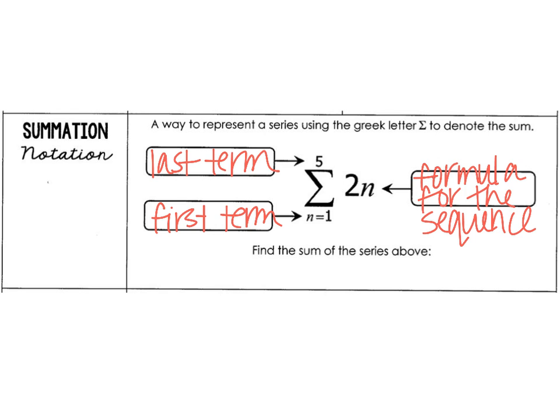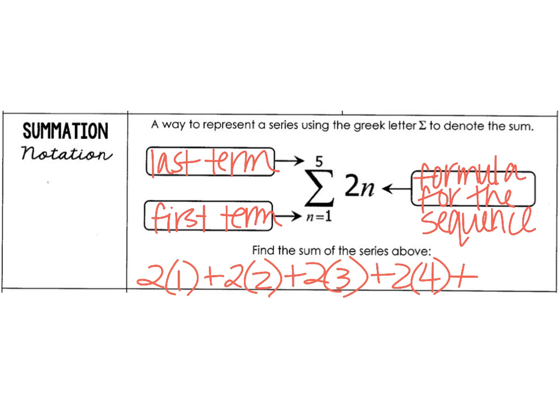So in this example, our formula is 2 times the term number, and we're going from the first term all the way up to the 5th term. So if we wanted to find the sum of the series above, we would need to say 2 times the first term, because we're starting with the first term, plus 2 times the second term, plus 2 times the third term, plus 2 times the 4th term, and our final term is going to be the 5th term, because that's the number on top.